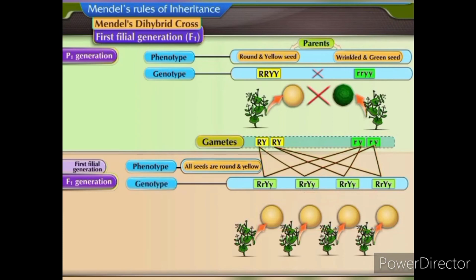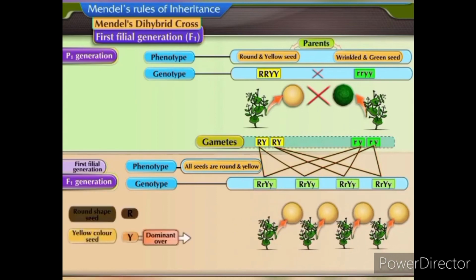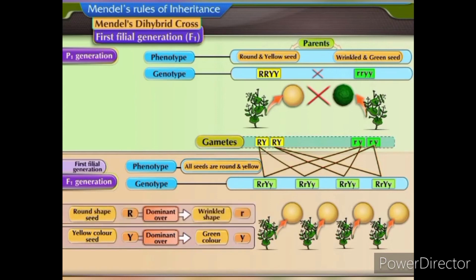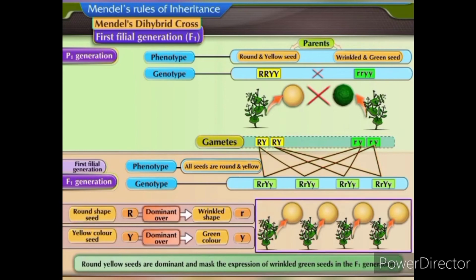The genotype also contains Y, which is dominant over y with respect to seed color and results in yellow-colored seeds. Yellow color is dominant over green, while round shape is dominant over wrinkled. Thus, round yellow seeds are dominant and mask the expression of wrinkled green seeds in the F1 generation.